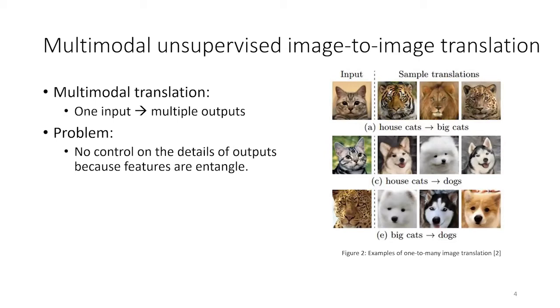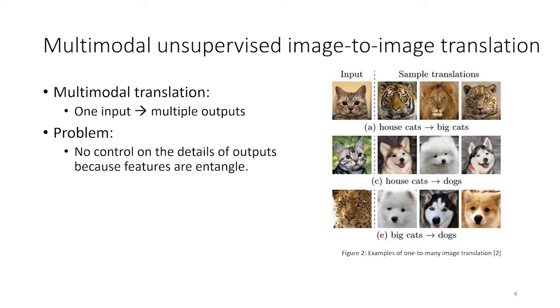When we do that, one input image can be translated into multiple outputs. We have many possibilities. For example, if we want to translate an image of a cat into a dog, we have multiple options because we have a lot of types of dogs.